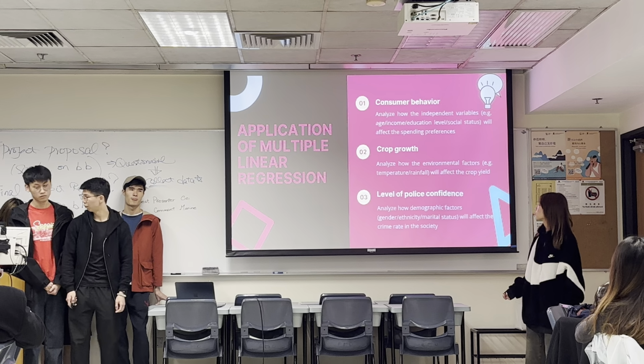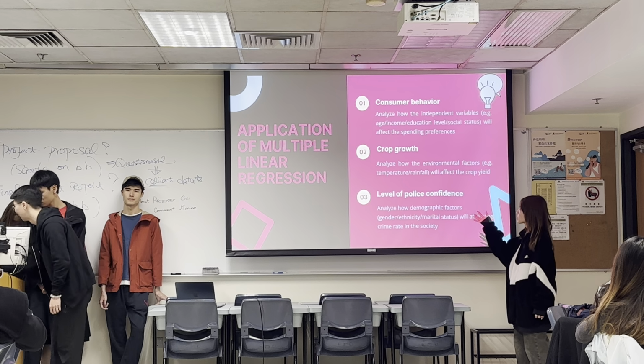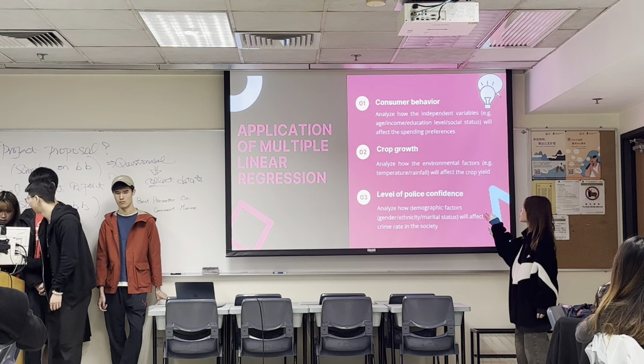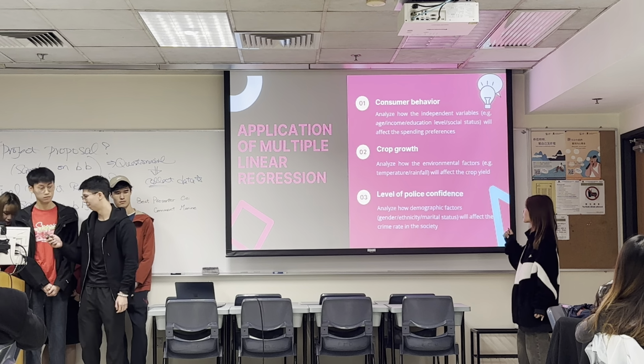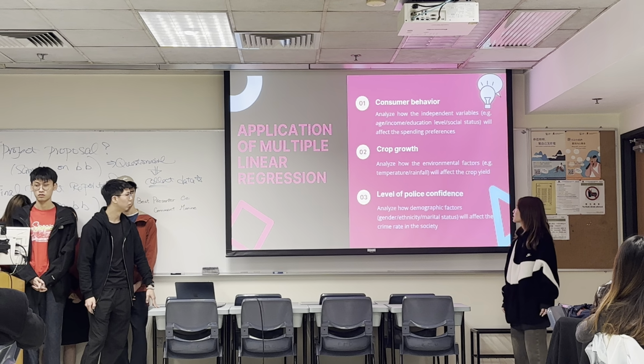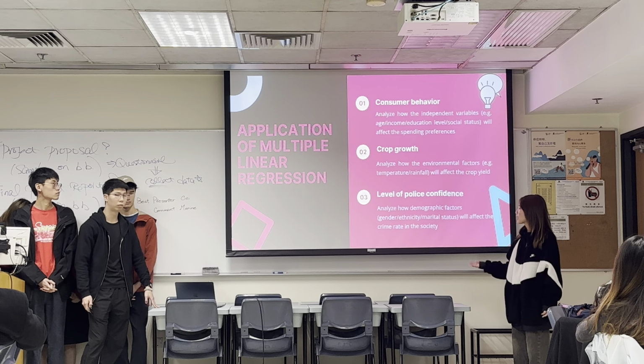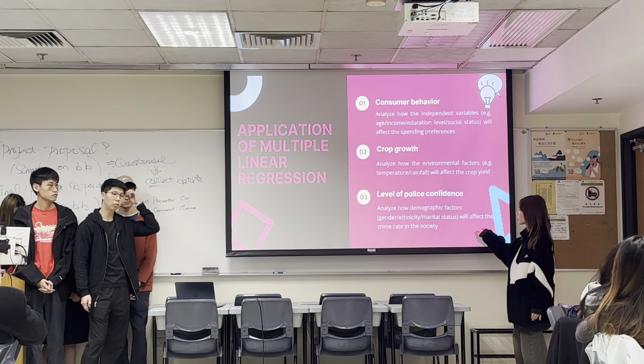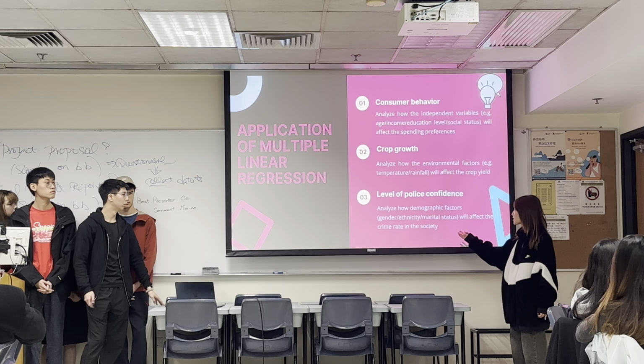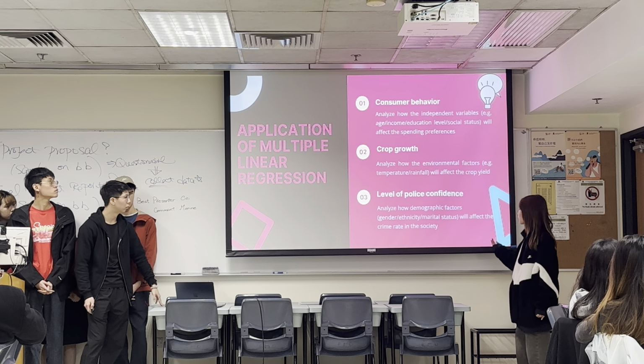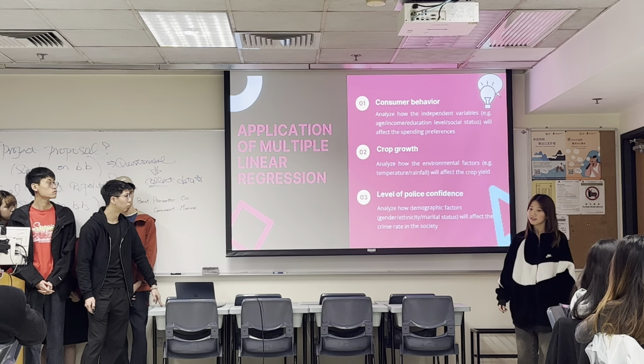Secondly, we use it to predict crop growth, analyzing how environmental factors like temperature or rainfall will affect the crop yield. And lastly, we use it to predict the level of police confidence, as we can analyze how demographic factors such as gender, ethnicity, and marital status will affect the crime rate in society.